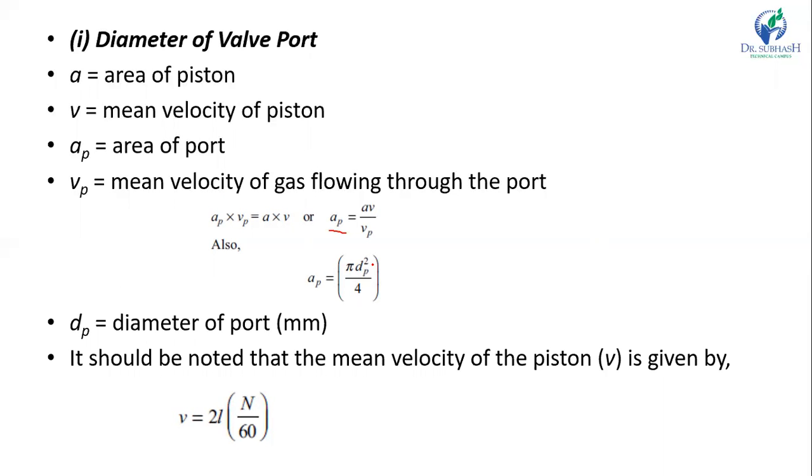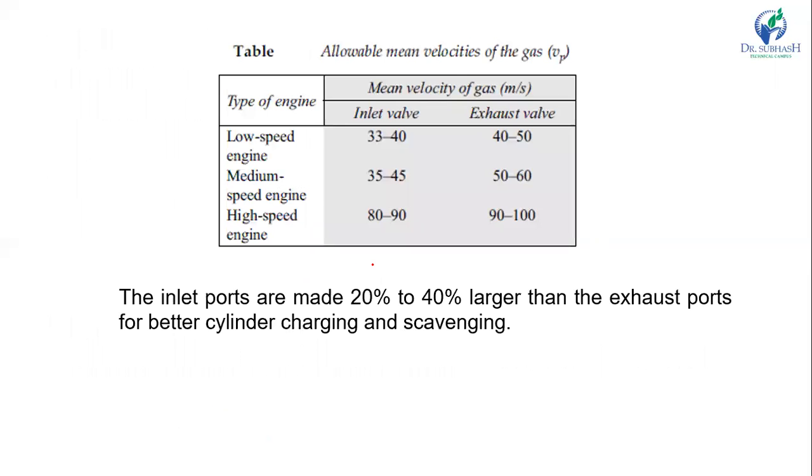Okay, so now the allowable mean velocity of the gas, which is given according to the type of engine. For a low speed engine, for the inlet valve the mean velocity of gas is 33 to 40 meter per second, and for the exhaust valve it is 40 to 50 meter per second.